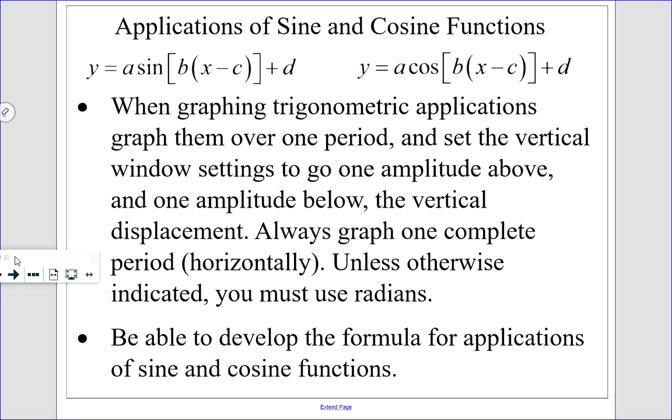And you're asked questions like, how long after midnight is the water 20 meters deep? Or what percentage of the time is the water less than 5 meters deep? And you solve these on your graphing calculator. But I want to highlight a couple of things here.